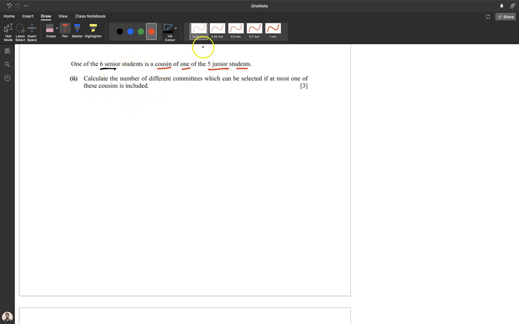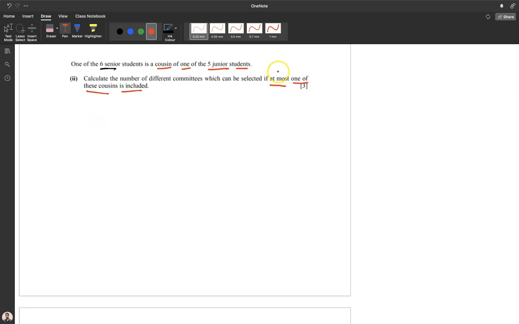So in total we have 2 cousins, one is a senior and one is a junior. Calculate the number of different committees which can be selected if at most one of these cousins is included.